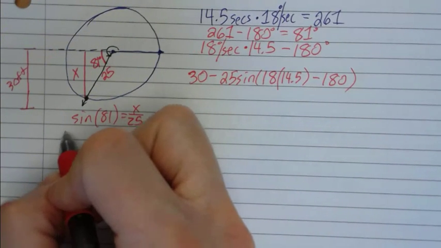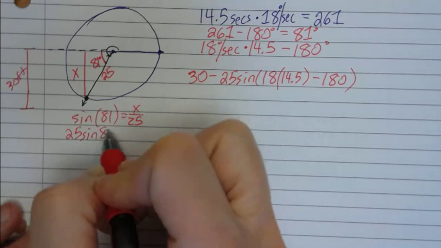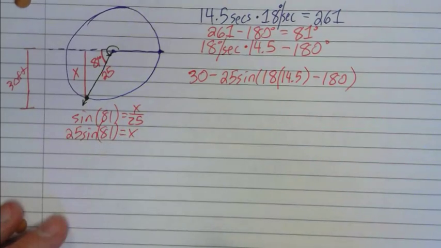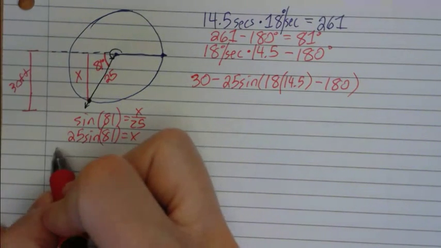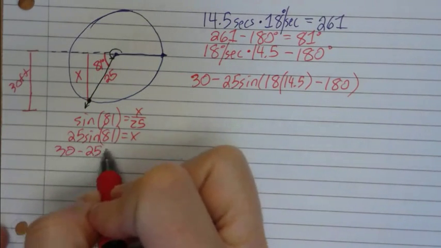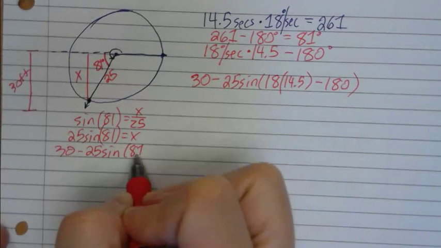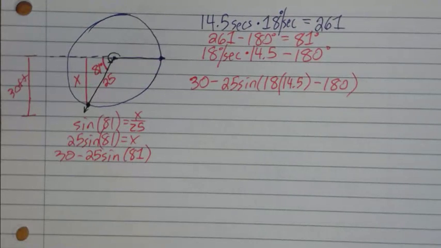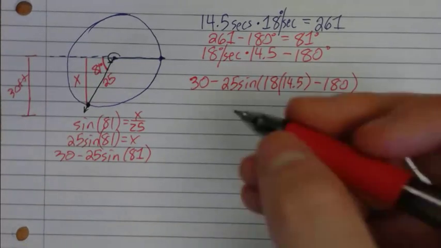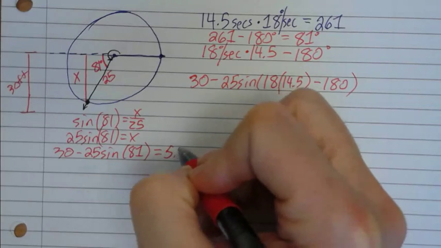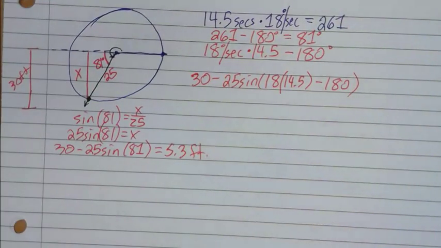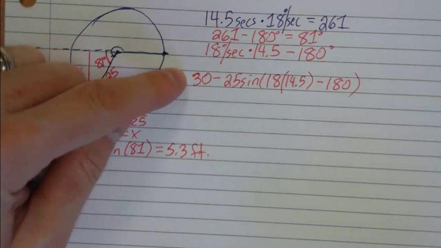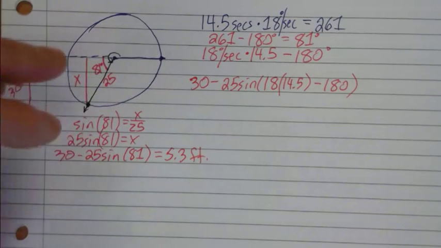Then you would get 25 sine of 81 equal to x. And from lesson yesterday, we did 30 minus 25 sine of 81. That would give us that x value, which equals 30 minus 25 sine of 81. That equals 5.3. So pretty close to the ground, as you can see in our picture, pretty close to the bottom of our Ferris wheel. And so our function right here for when t is between 10 and 15 seconds.